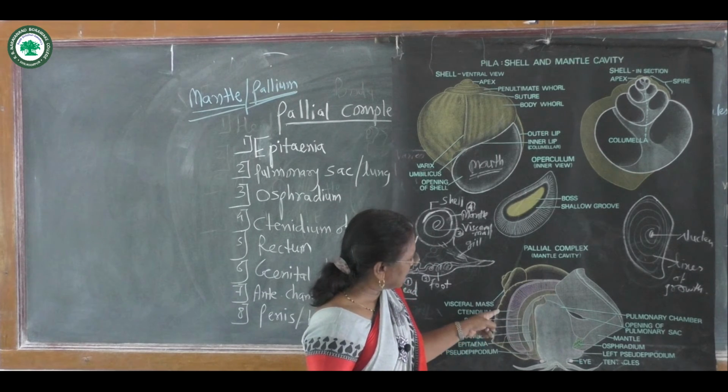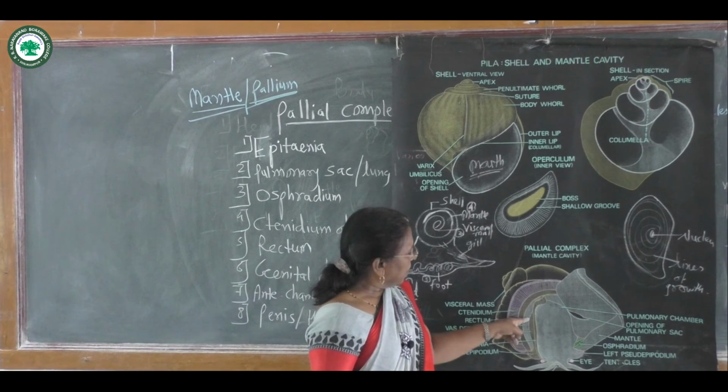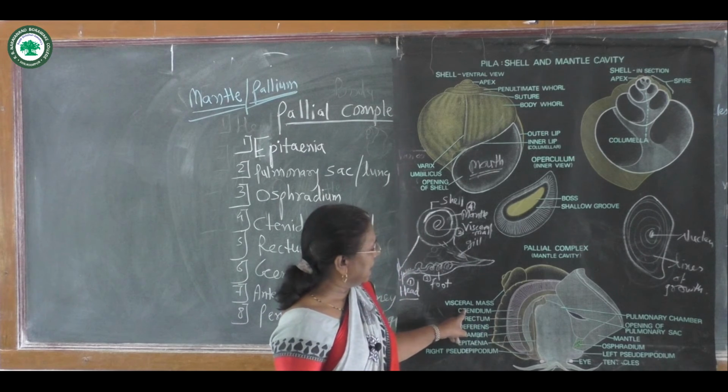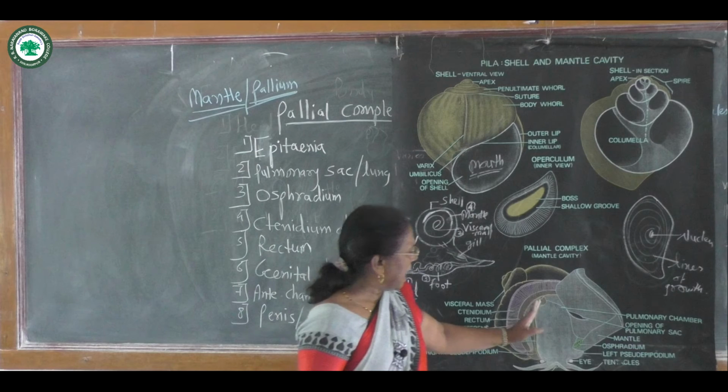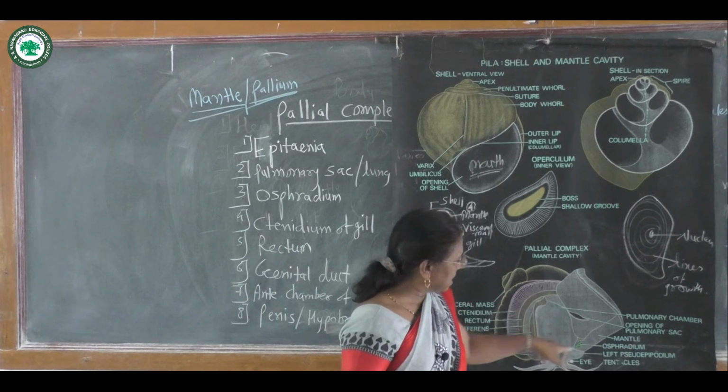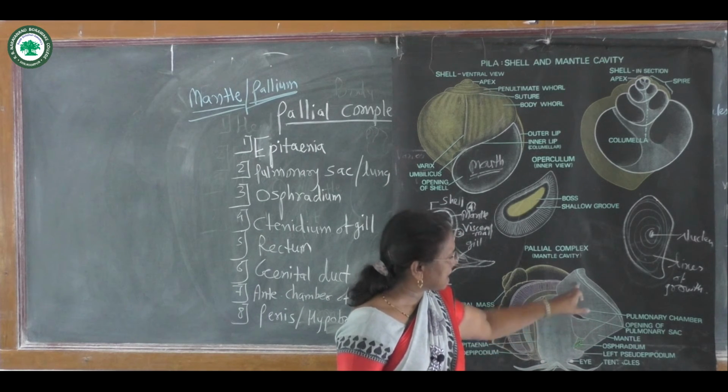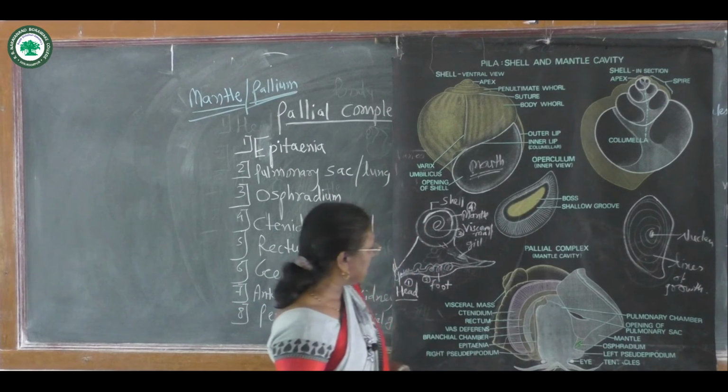A small branchial chamber, into which the gill or ctenidium is present, and a large pulmonary chamber, into which the pulmonary sac or lung is present.